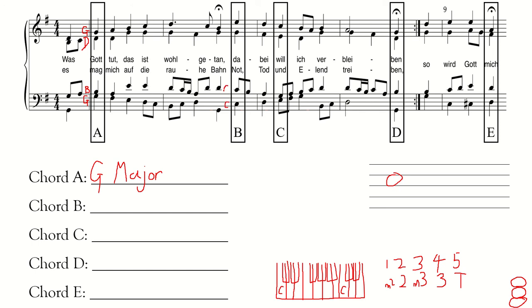C, another C, a G, and an E. So C, G, and E. That doesn't stack nicely because the C's up there and it's got a gap. So let's try it with the C, the E, and there we go. Stacks nicely. We have a C, E, G.